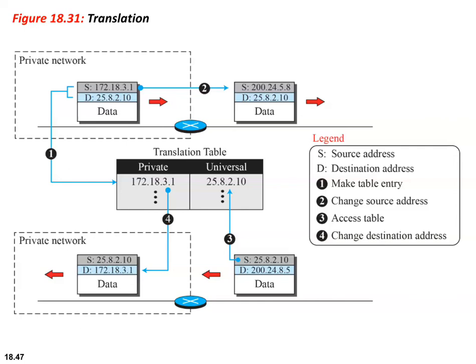So this is how 172.18.3.1, which was mapped to 25.8.2.10, will be retrieved back by accessing the table, and thus the network address translation router changes the destination address, and that packet will be delivered to the private network. That is what we have seen in the network address translation.